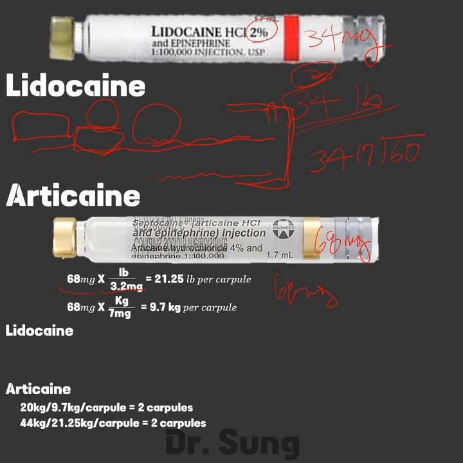So 68 milligram times 1 pound divided by 3.2 milligram. Then we end up with this outcome, 21.25 pounds per carpule. So if you can memorize this, then just go right away.